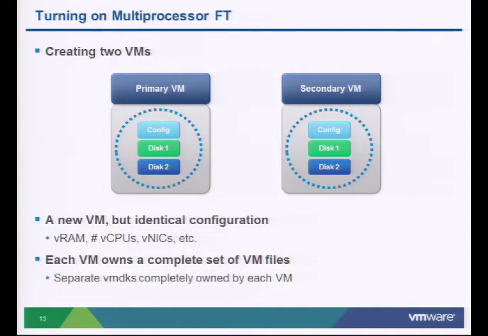We call them primary and secondary. The primary one is running your workload. The secondary one is acting as a replica, providing a backup of the state. Now, the roles of the two VMs are fluid during the lifetime of fault tolerance. Which one is primary and which one is secondary can actually switch over time. So that's the first thing you should keep in mind.